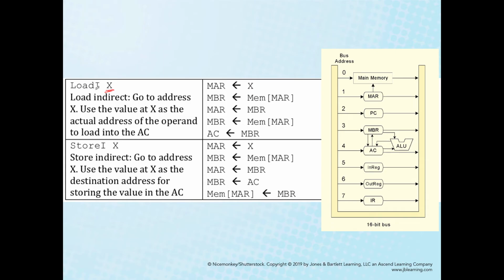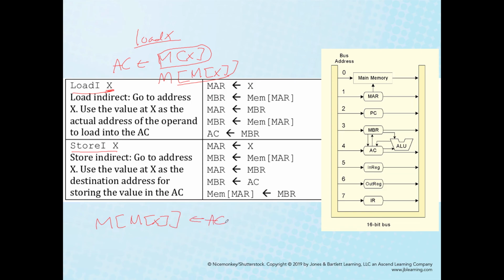So what you load into AC is not just the memory at address X. This was Load X. Load I is different: this one is an address. So what you load is memory of memory X. This is the one indirectly. That's Load I. Store I is the other operation. Into memory, whatever memory X is, AC is stored there.